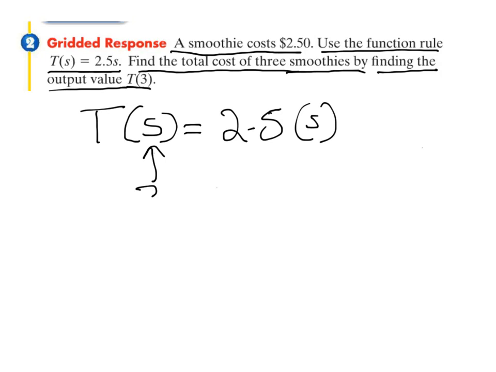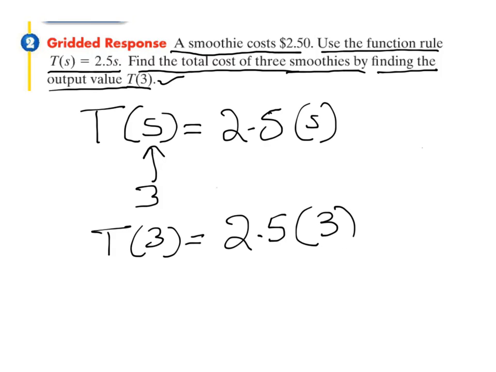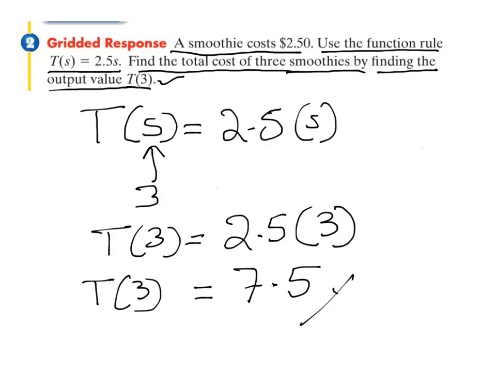We are looking for 3 smoothies because the question says find the output value of T of 3. So S stands for 3 now. So T of 3 is going to be equal to 2.5 times 3 because S is 3, and that is going to be equal to 7.5. So T of 3, the total cost of 3 smoothies, is going to be 7.5.